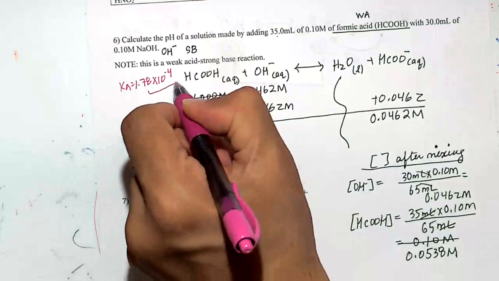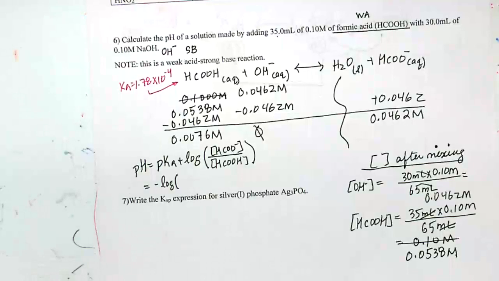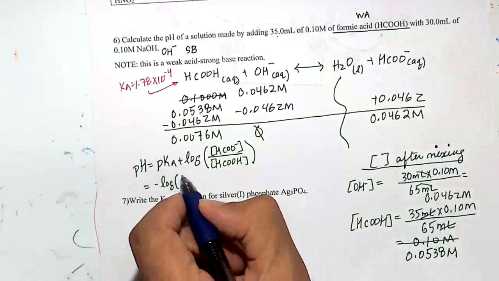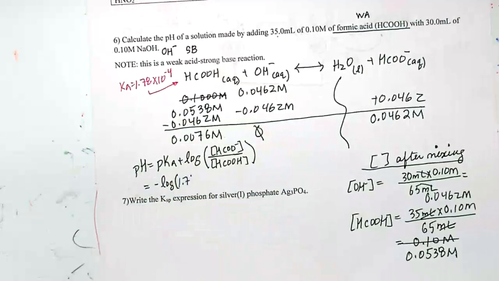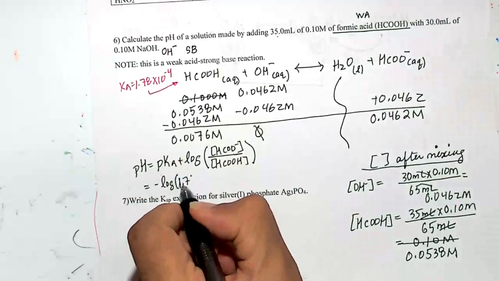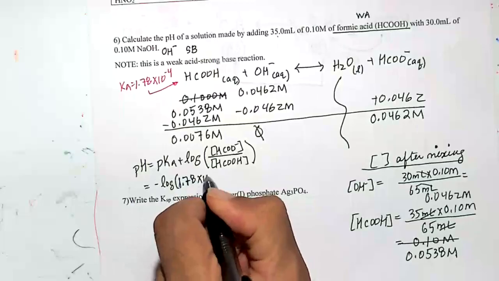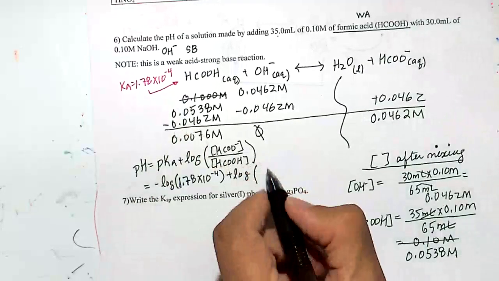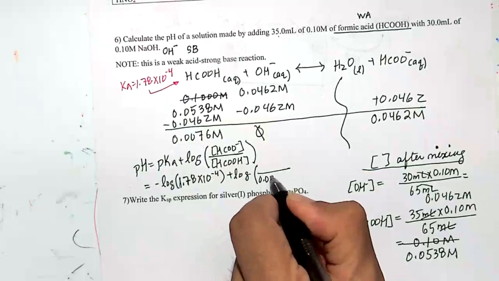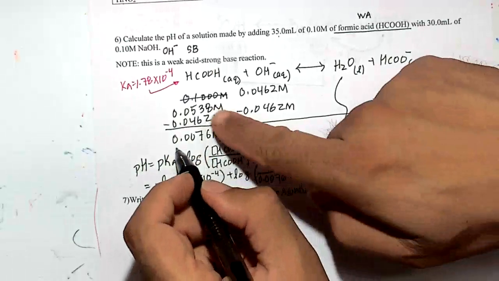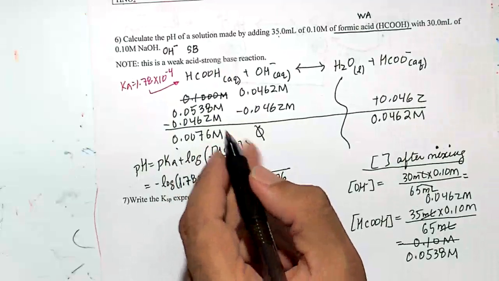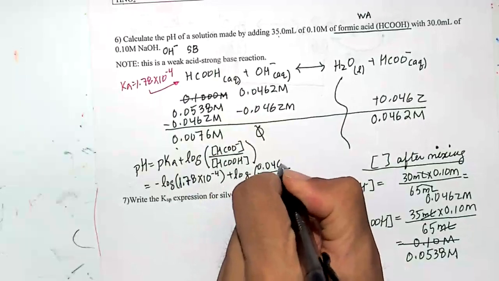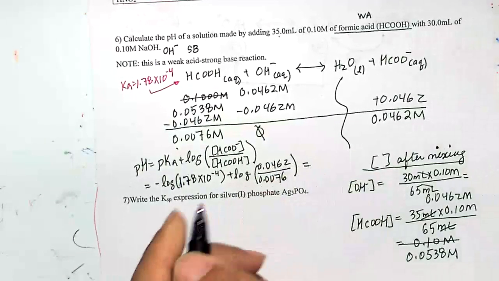That is the Ka for formic acid. So minus the log of 1.78 times 10 to the minus 4, plus the log of 0.0076, and then HCOO minus is 0.0462.